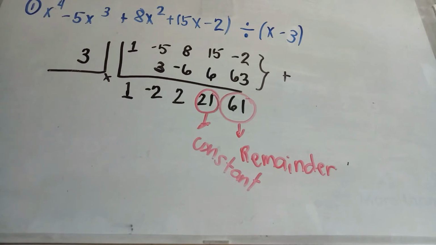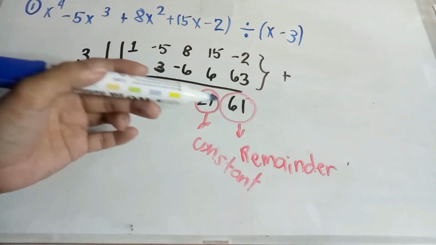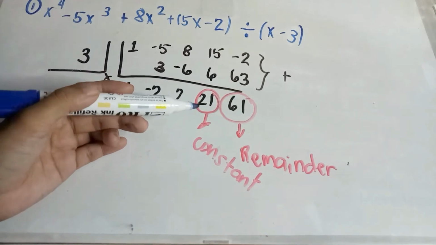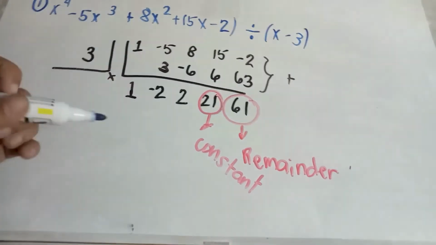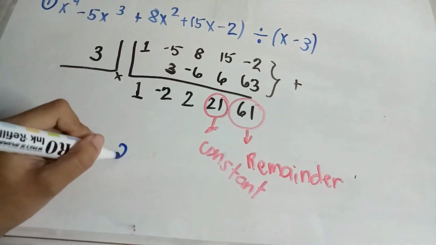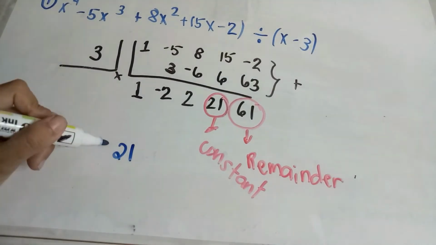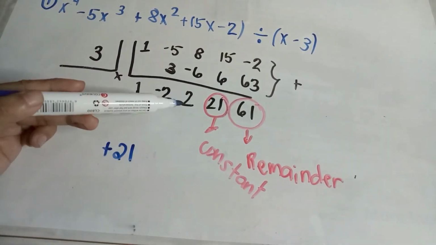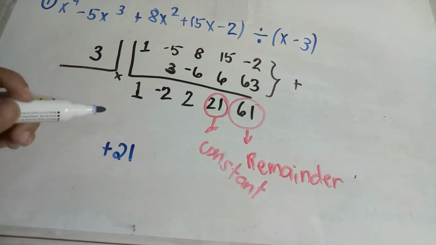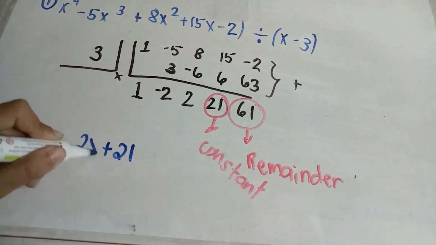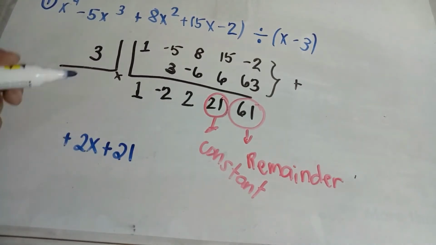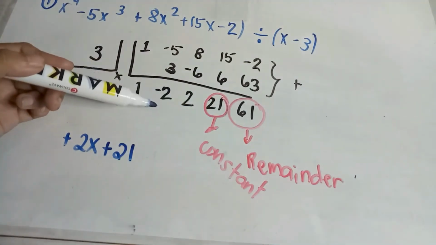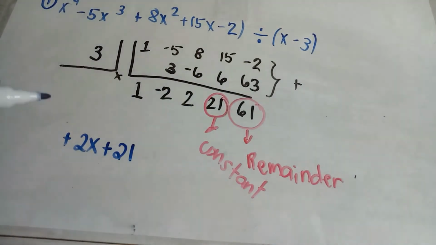As I said, 61 is the remainder. Then 21 is the constant, positive constant. Then this is the x variable, so we have positive 2x. Then the next to it is the x squared, so we have negative 2x squared.